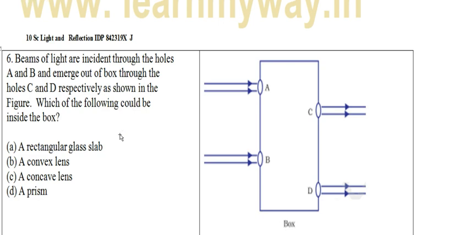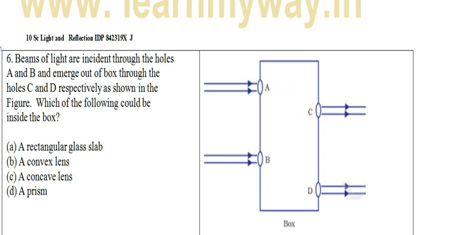Beams of light are incident through the holes A and B. So holes are shown over here, A and B, and emerge out of the box through the holes C and D. So here we find they are entering from A and coming out from C and D respectively.